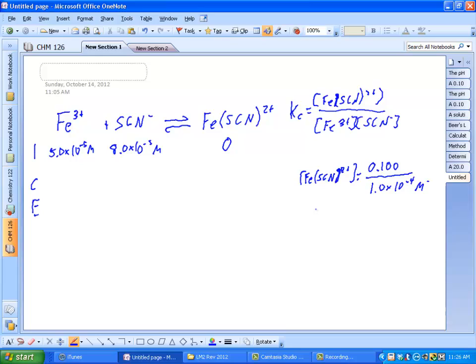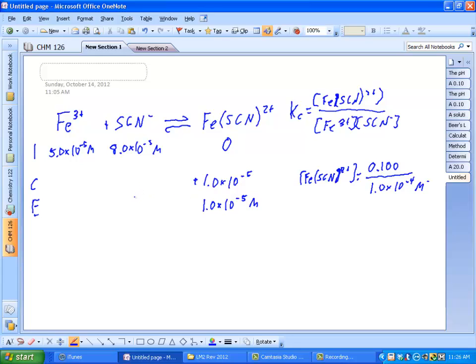Okay, so if you divide those two out, that's going to give me an equilibrium concentration of this complex as being 1.0 times 10 to the negative 5th molar. Okay, that's a very tidy number, obviously. So what's happened? The concentration of the complex has increased by 1.0 times 10 to the negative 5th molar.